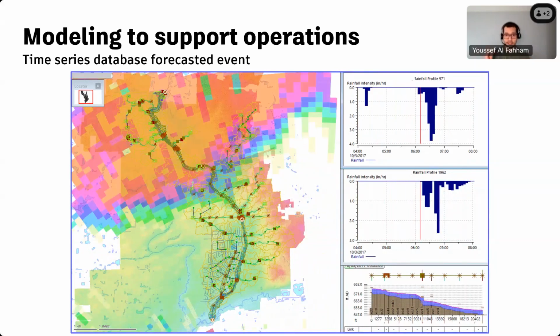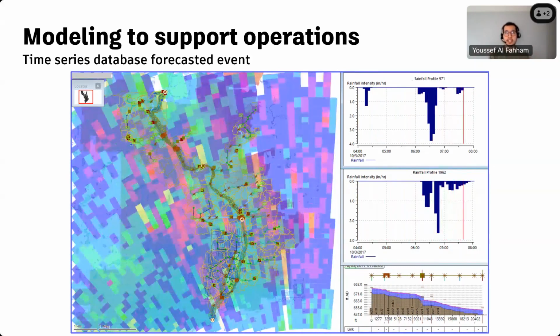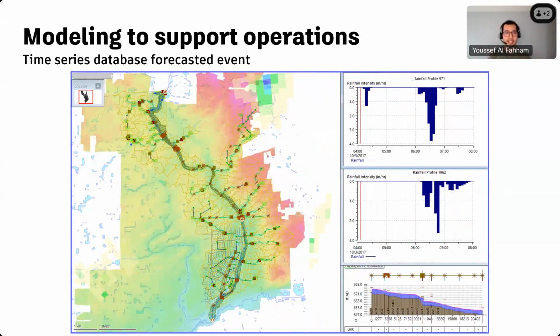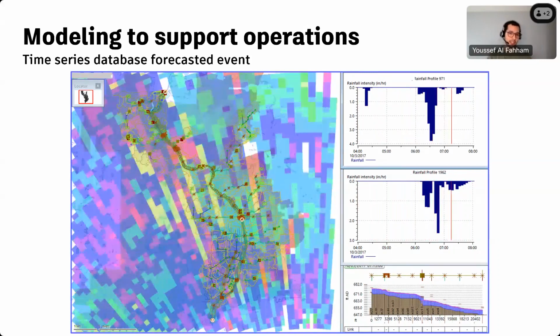So the key there is being able to be proactive in maybe having a response or an operating procedure in the event that the storm comes. We're going to do these steps to mitigate maybe an SSO or a CSO event.